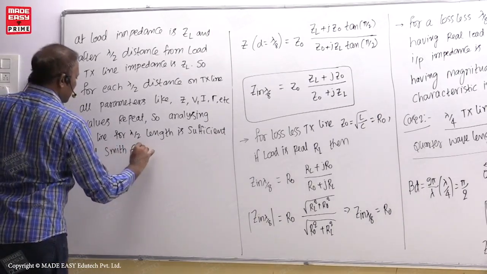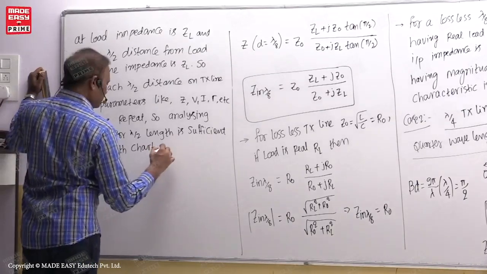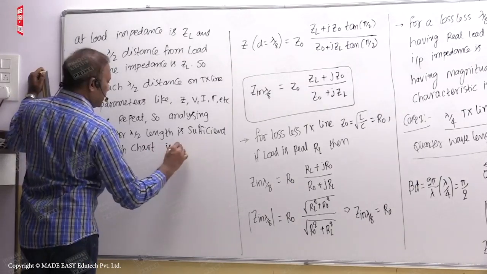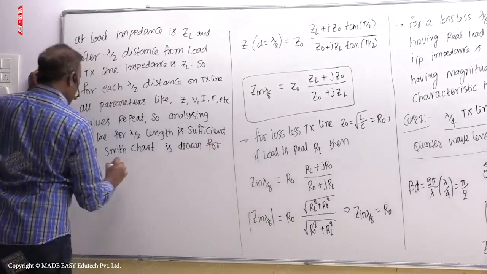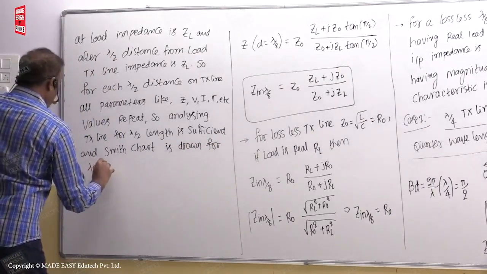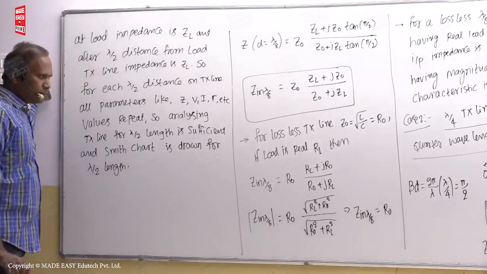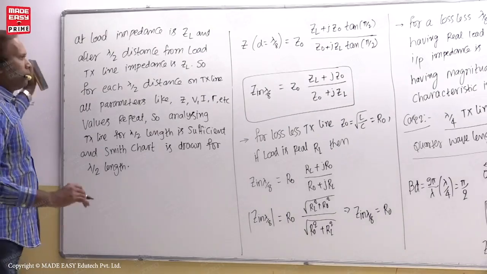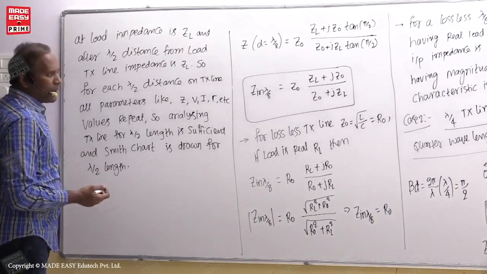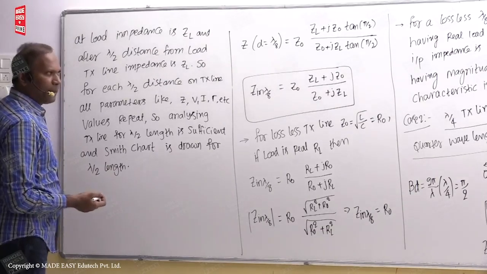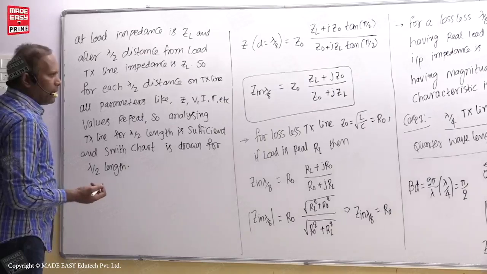The Smith chart is drawn for lambda by 2 length. Okay. Now, a lambda by 2 length long transmission line behaves like an impedance repeater, that we have already written here.